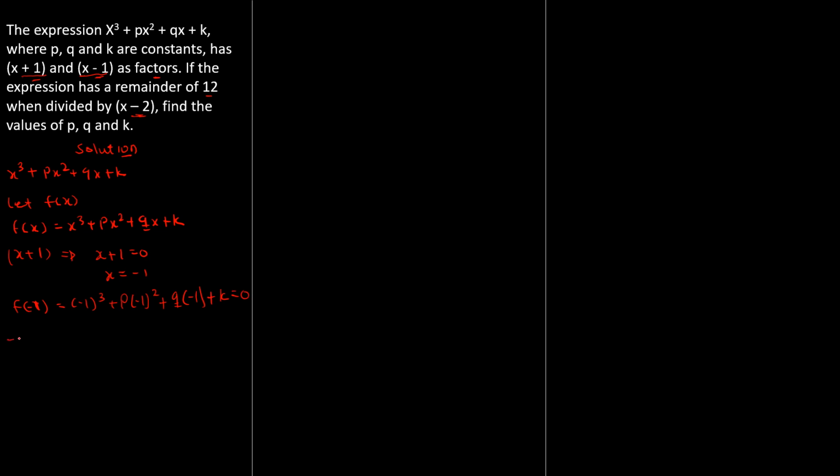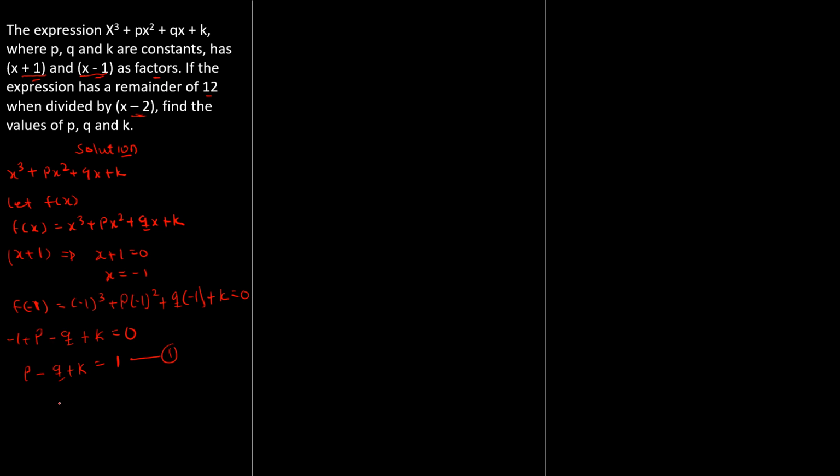So -1 cubed will give you -1, then -1 squared will give you +1. That means plus p, and then -1 times q will give you -q, then plus my k is equal to 0. So from here I can say p minus q plus k, and then I bring this -1 across, and I'm going to get 1. So -1, when crossing the equal sign, will give me +1. This can be my equation 1.